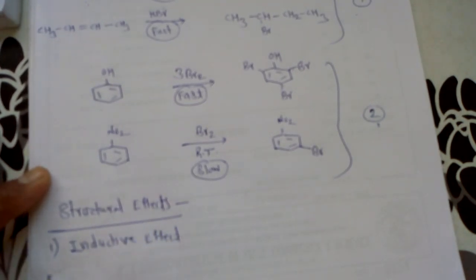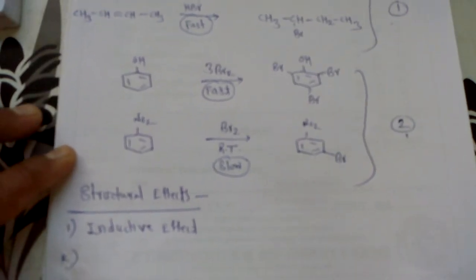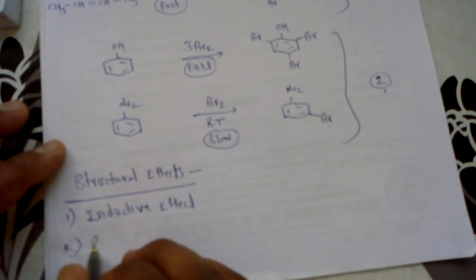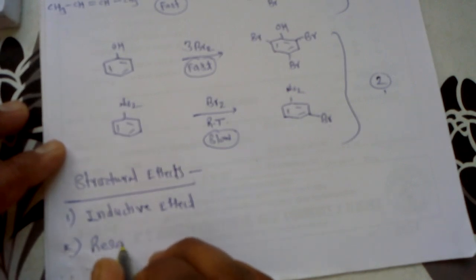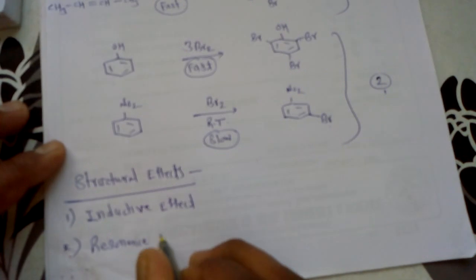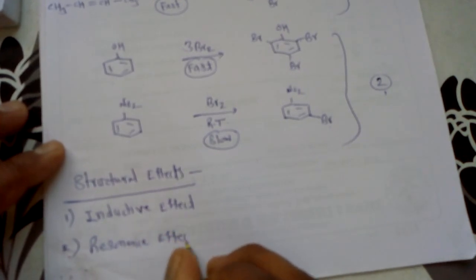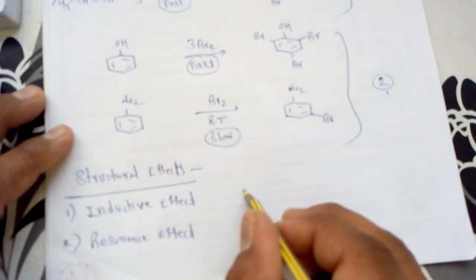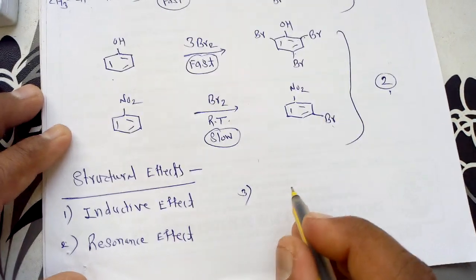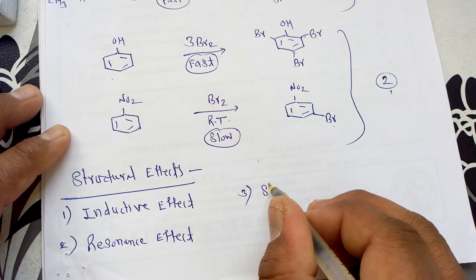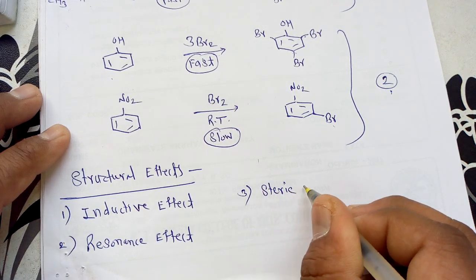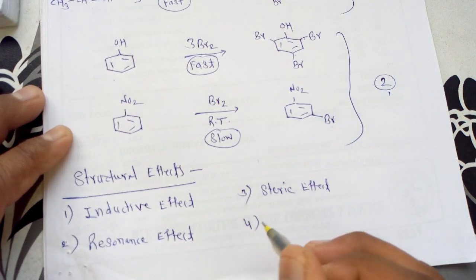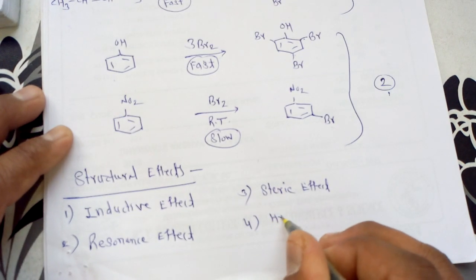The second important effect is called the resonance effect. It may also be called the mesomeric effect. The third important effect which affects the rate of reaction is the steric effect. The next important effect is called the hyperconjugation effect.